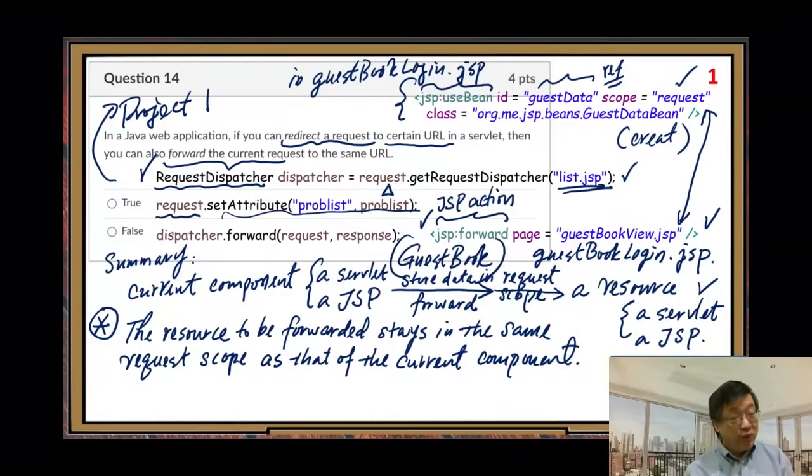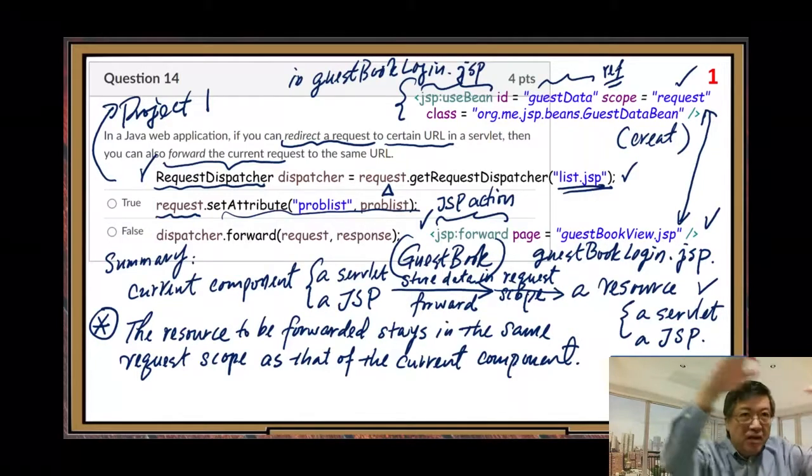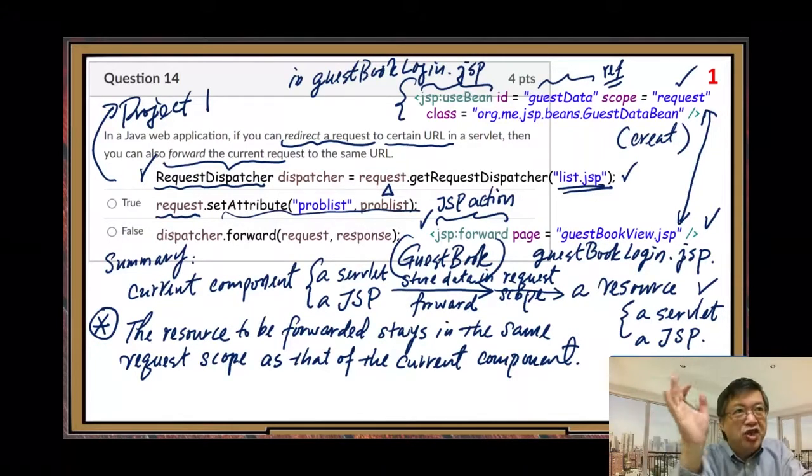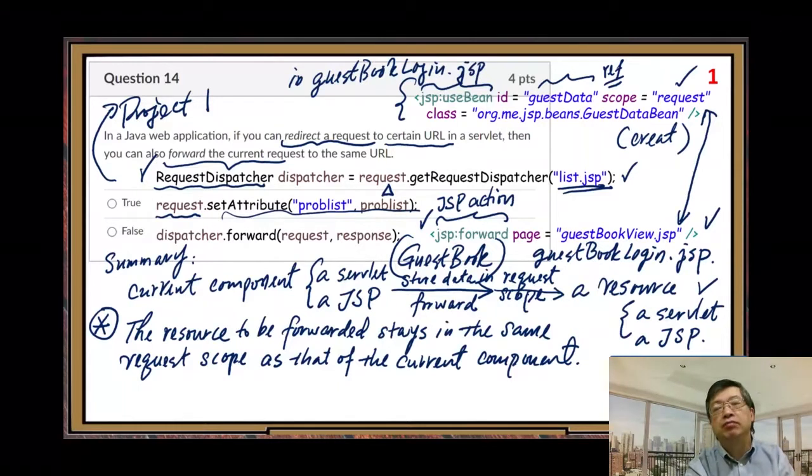So why is this property important? Because all the components in the same request scope can share data in the same scope.